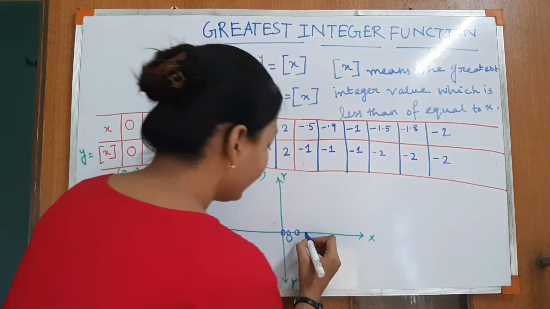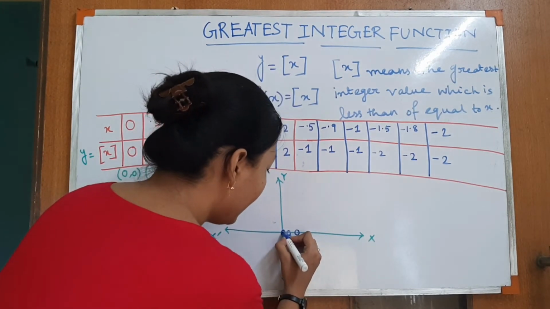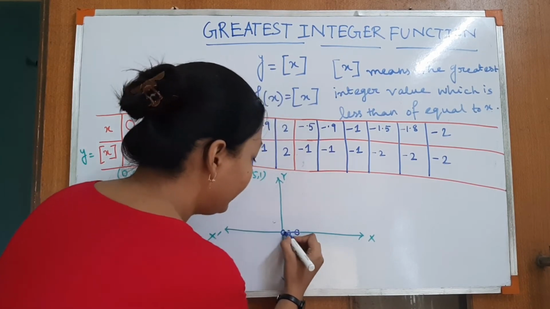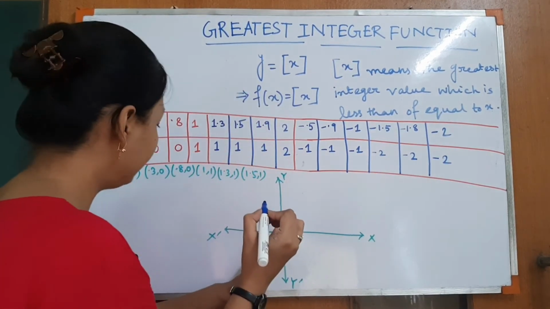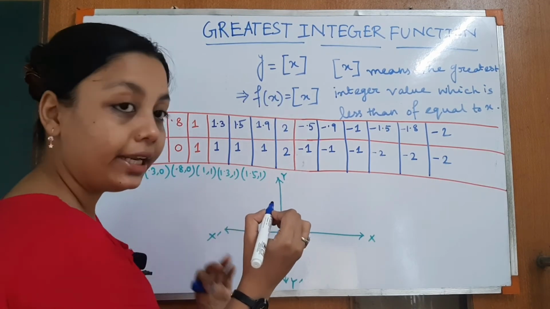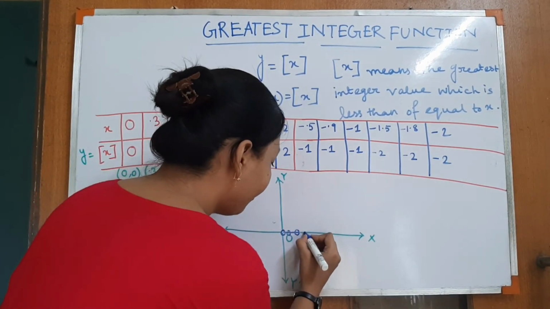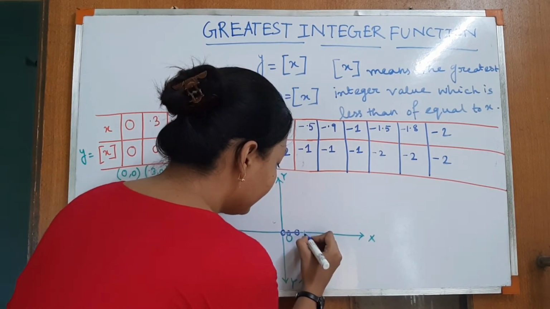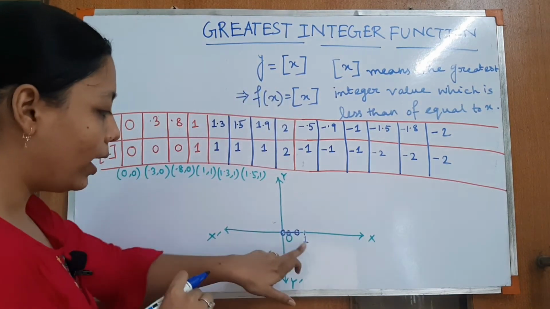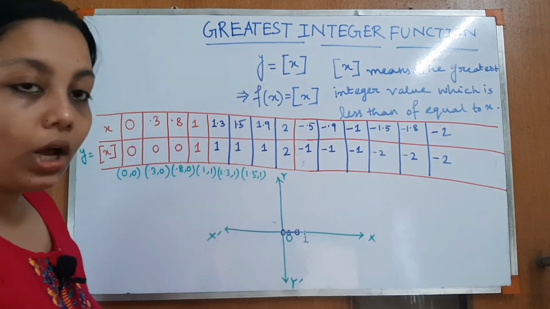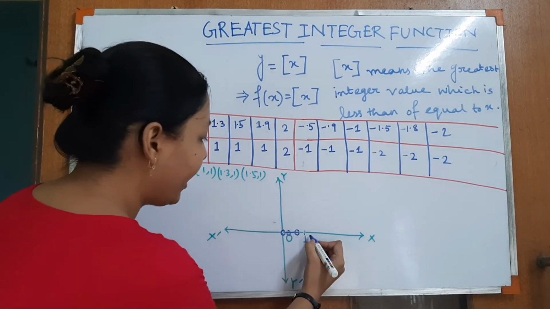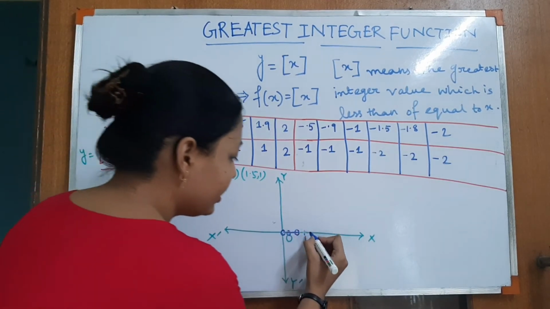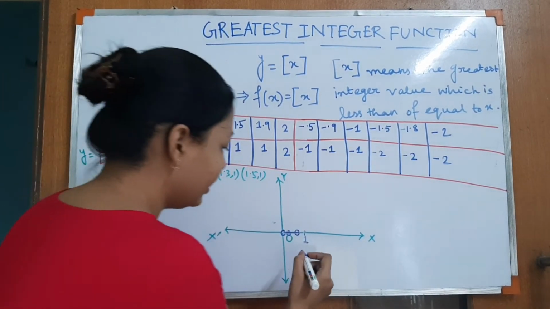So these 3 points lie on the line 0, 0.3 and 0.8, but for 1, this is our 1, this is 0 and this is 1. For 1 we cannot find the value of y is 0, so this point cannot lie on this line.